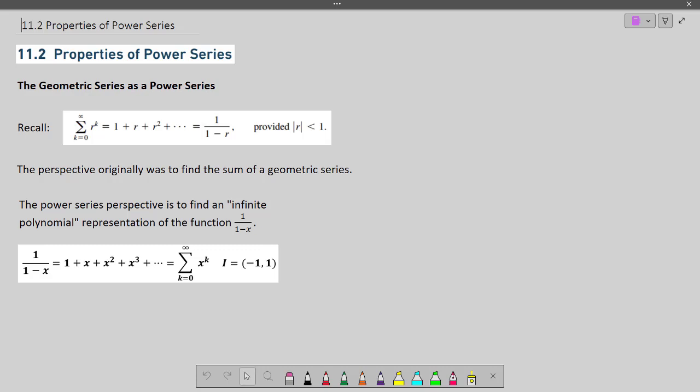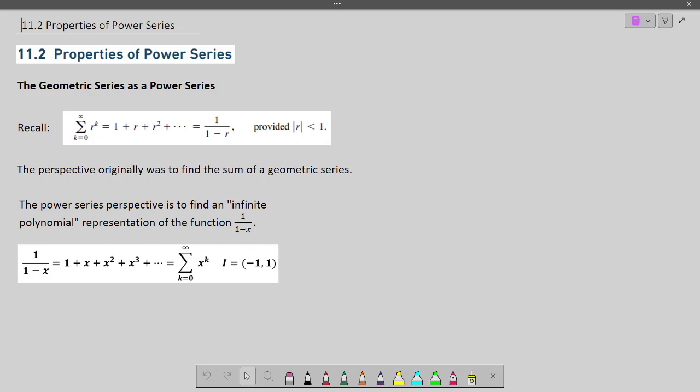A general power series has random coefficients. A Taylor series is specific to a function that you repeatedly differentiate and evaluate at the center. General power series, who knows where the coefficients come from. So we're more interested in Taylor series in this class.